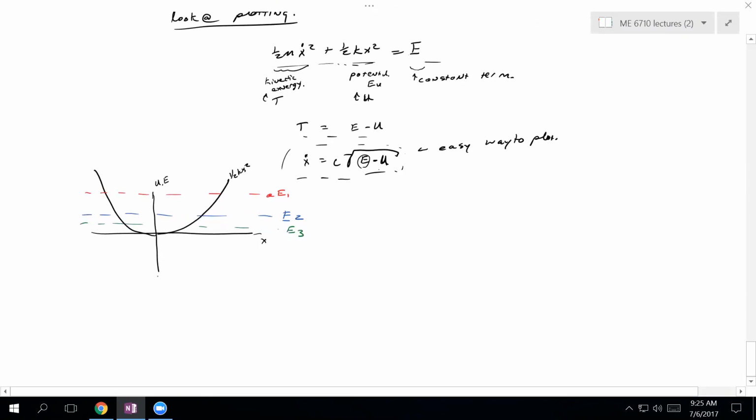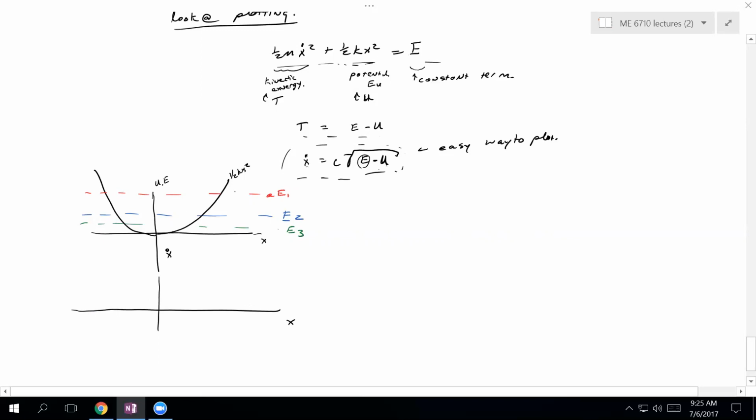And then right below that, that's my U E plot versus x. And this is now my x dot versus x plot. And I know that x dot is the square root of E minus U, okay? And my x dot always has to be real, so I can only exist where E is greater than U.